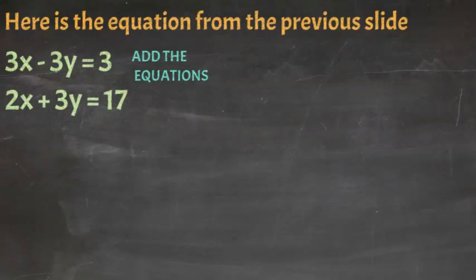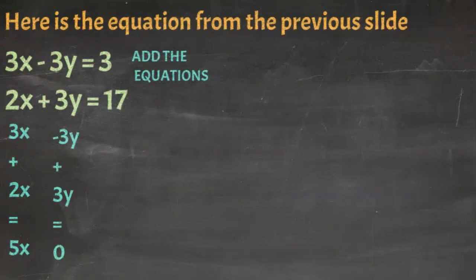So we get 3x plus 2x equals 5x. And we do negative 3y plus 3y equals 0. And then we get 3 plus 17, and that equals 20. So we're going to take that and make a new equation.